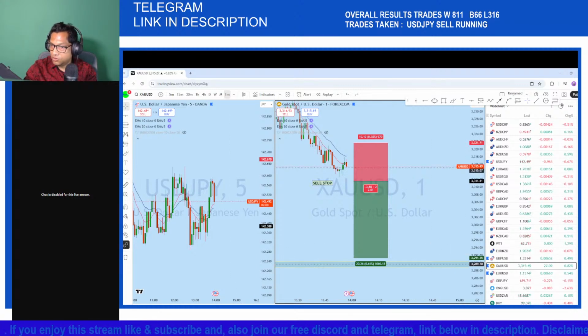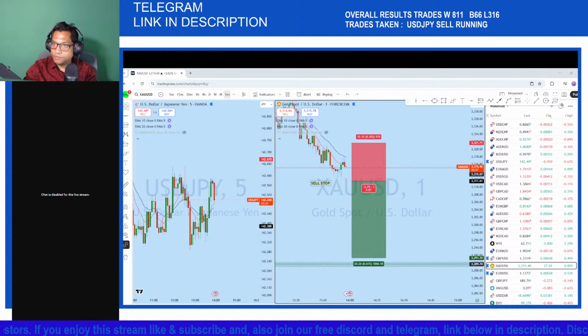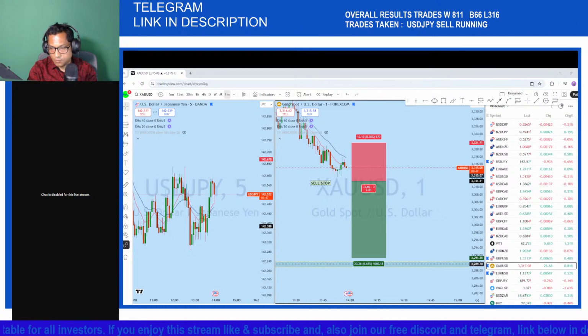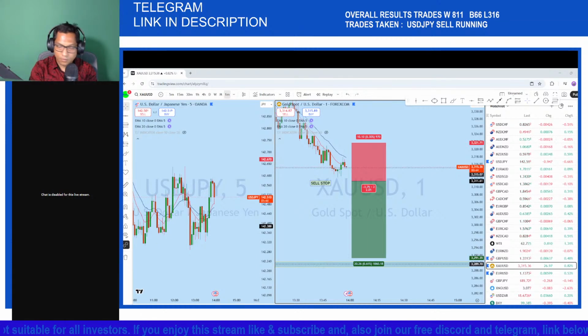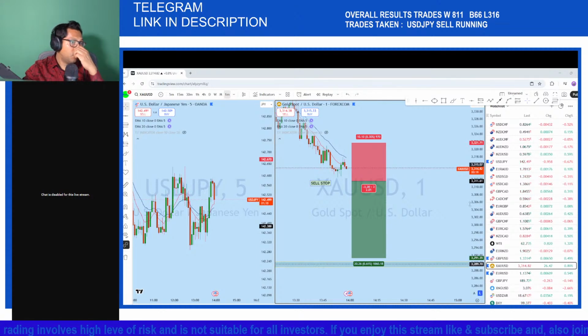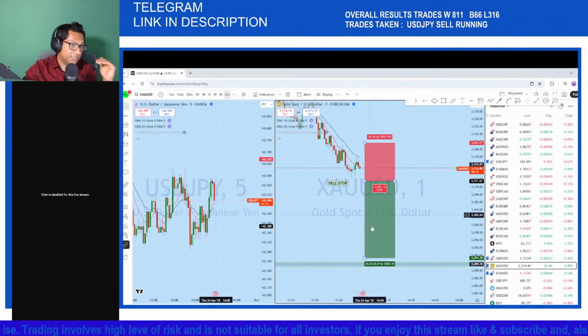Placing a sell stop here on XAUUSD. So I placed a sell stop on XAUUSD, and I think that if the market manages to break below, we might see that drop.